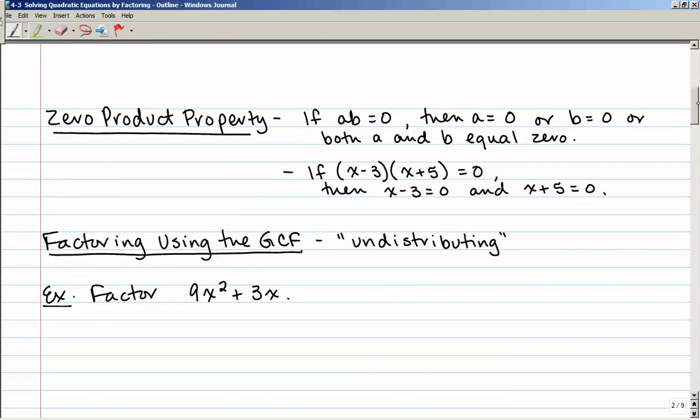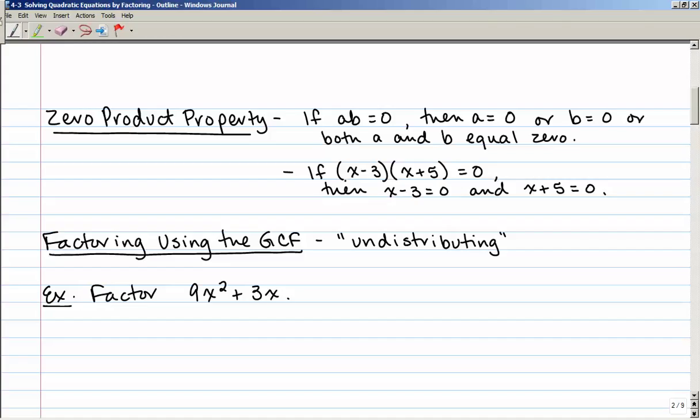Recall that to solve an equation by factoring, we need to use something called the zero product property, which basically says that if you multiply two things and you get a 0, then either the first one is 0, the second one is 0, or both of them are 0. So if a times b equals 0, then either a equals 0, or b equals 0, or both a and b equal 0.